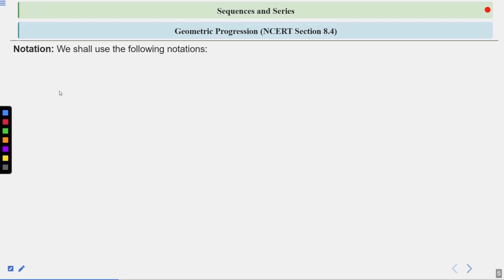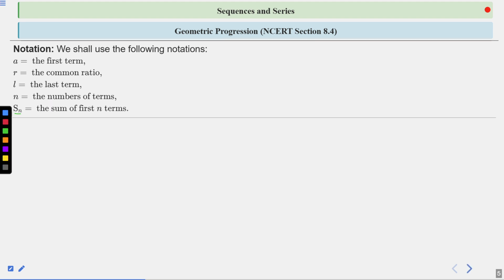Now, notation. We shall use the following notations. A will represent the first term, R represents the common ratio, L represents the last term if you are having a finite sequence, finite progression, N will represent your number of terms if you are having a finite number of terms, or the position of your term, and Sn, we are going to use this Sn for sum.